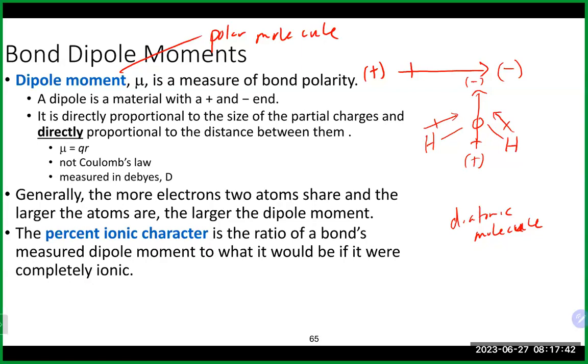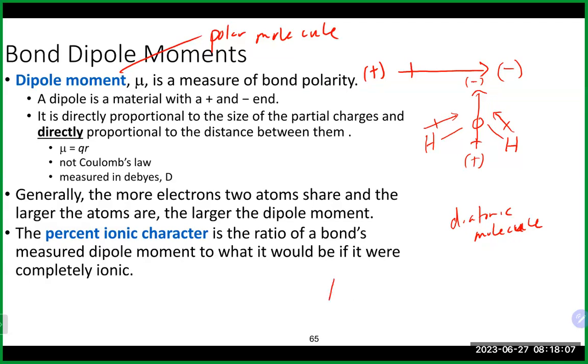Sometimes it's confusing for people that the arrow is used for both of those things: bond dipole individually between two atoms, is it a polar bond or not? And that same arrow is used for dipole moment, the overall molecular polarity. So getting back to diatomic molecules, they will be the same as the bond dipoles.